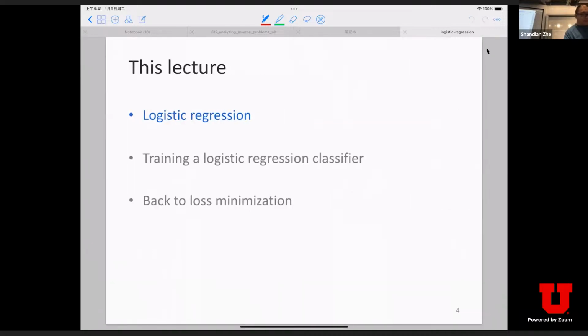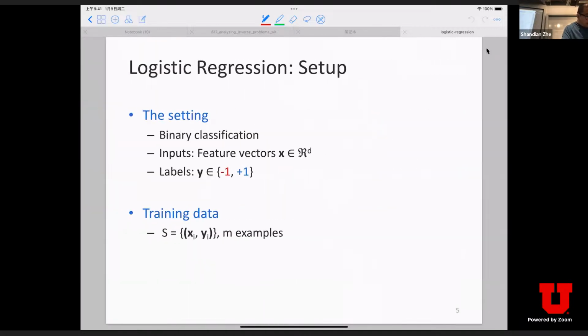Okay, first, logistic regression. If we recall, for the Bayesian learning framework, we talked about two notions. One notion is that I'm going to learn a probabilistic concept, meaning that I'm not going to map my input feature vector to a binary or discrete label, 0, 1, or maybe -1, 1 is more convenient.